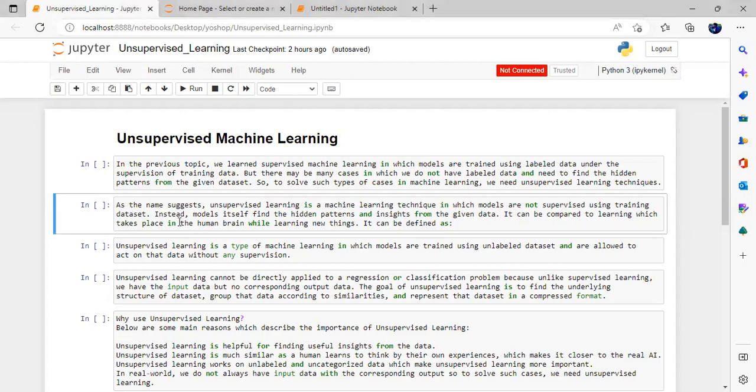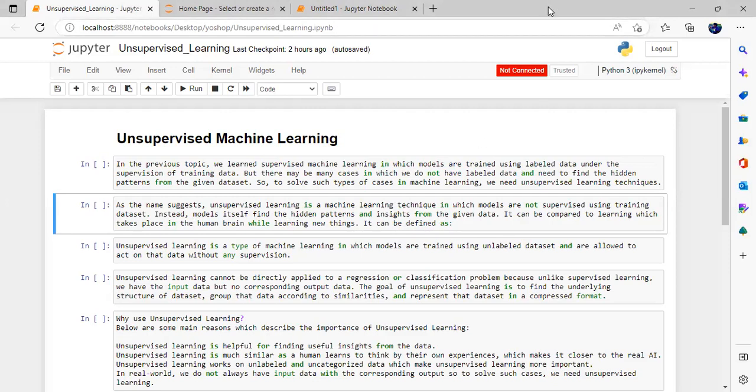So you can see here, as the name suggests, unsupervised learning is a machine learning technique in which models are not supervised using a training data set. Instead, models themselves find hidden patterns and insights from the given data.